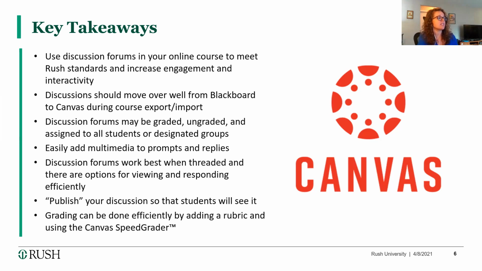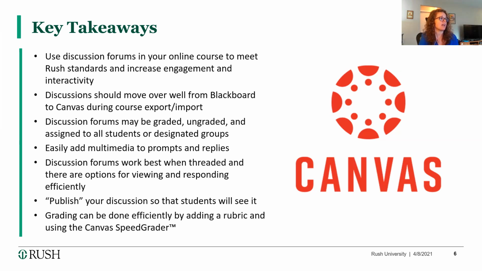Again, you can easily add multimedia to prompts and replies, and discussion forums work best when they're threaded and there are options for viewing and responding efficiently. Remember, after you create a discussion, you'll always want to publish it when you're ready for students to view it so that they can see it and participate. In terms of grading, you can do that most efficiently by adding a rubric, which students will also see, so they'll know how they'll be evaluated.